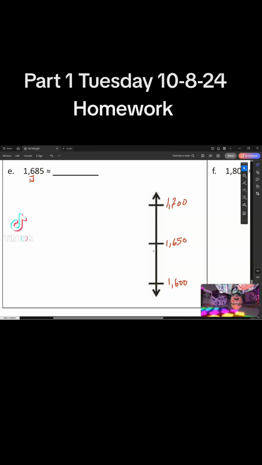Now, I need to plot 1,685. 1,650, 1,660, 1,670, 1,680, 1,690. 1,680 would be here, and it's 85, so it would be here in the middle. So, is it greater or less than halfway? Greater. So we're going to round up to 1,700.